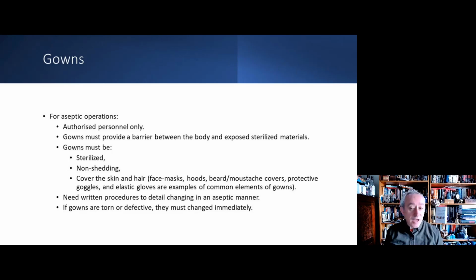Okay, so again with gowns, we also need to make sure that they're not shedding particles, because although we also have concerns around microbial control, those of you working in ILP or any part of that process will know that we also have very strict rules around visible particles.